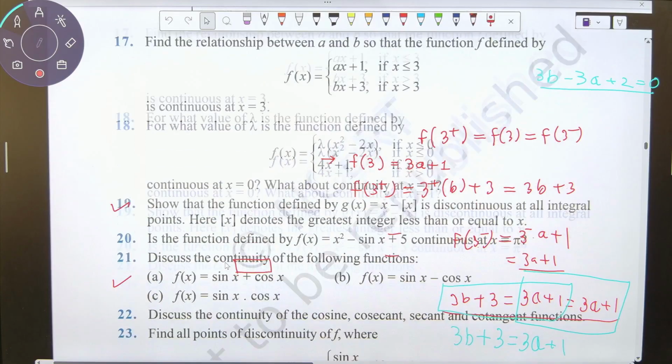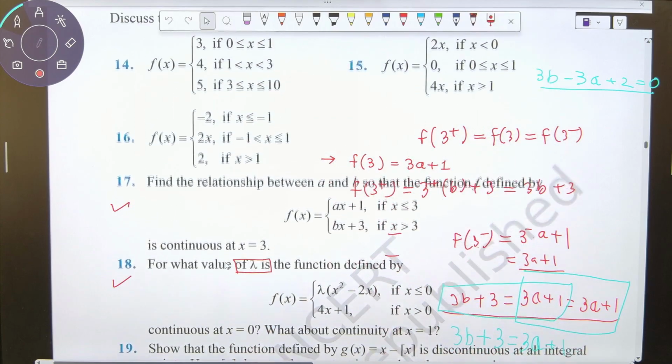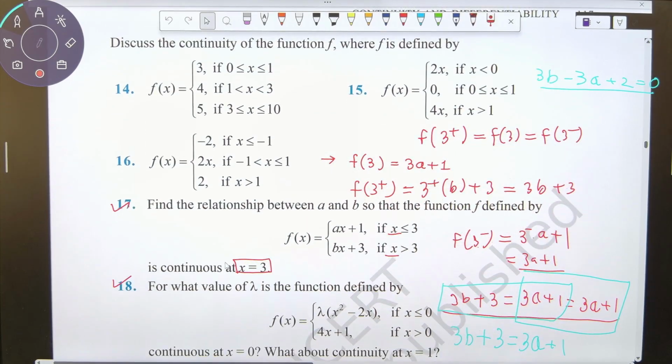Now, 18 number question. Still writing? Write fast.